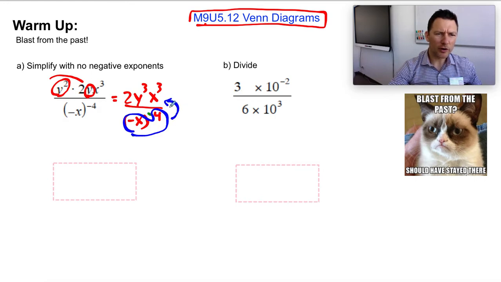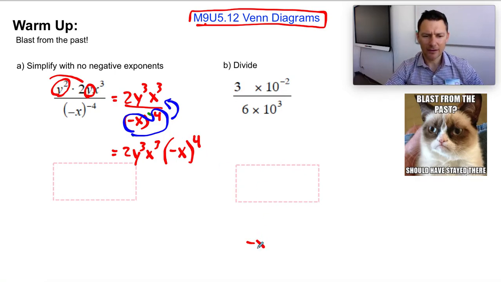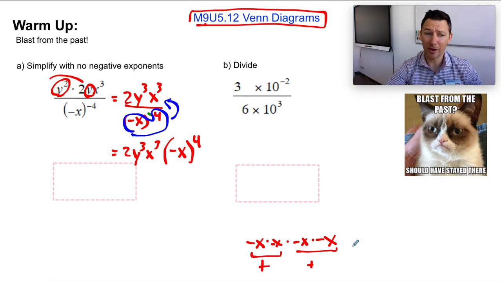up to the numerator. So you could think about it like 2y cubed x cubed times negative x to the fourth, right? This is negative x times itself 4 times, right? 4 negatives. Negative times negative gives you a positive. Negative times negative gives you a positive. Positive times positive. This whole thing is going to be positive, right? Regardless of what the x is.